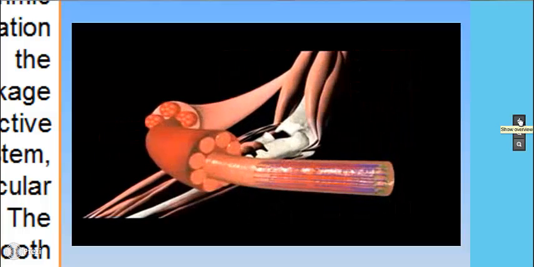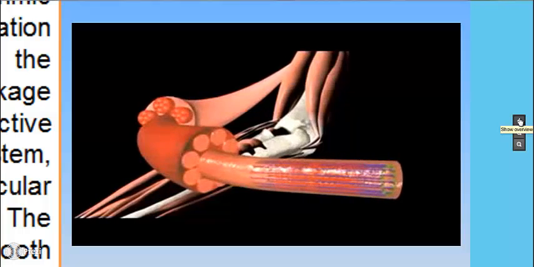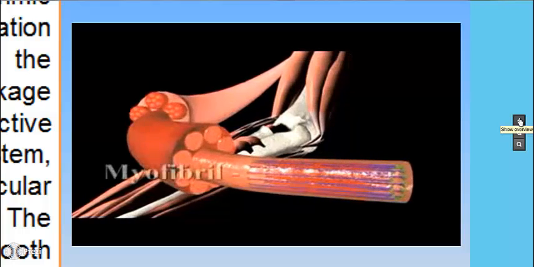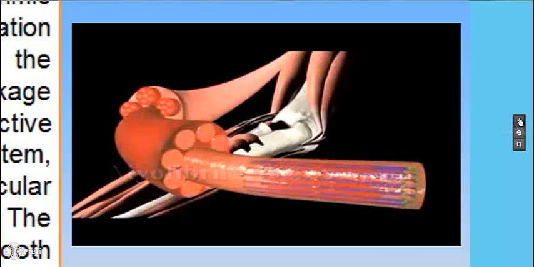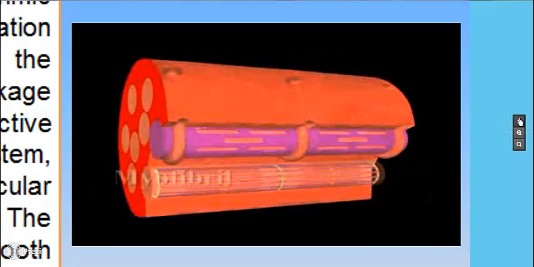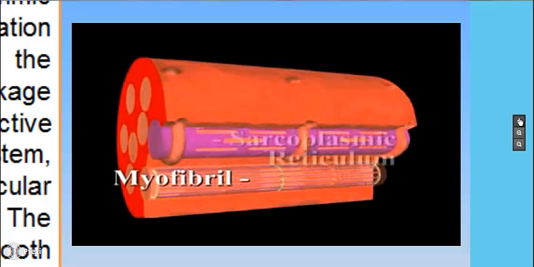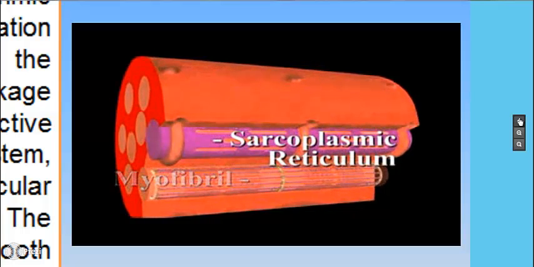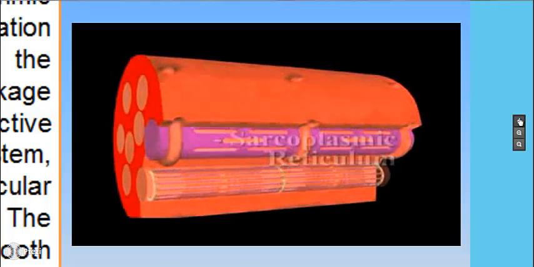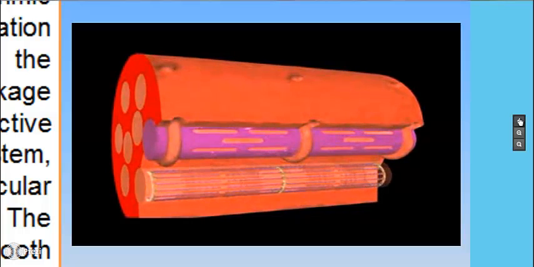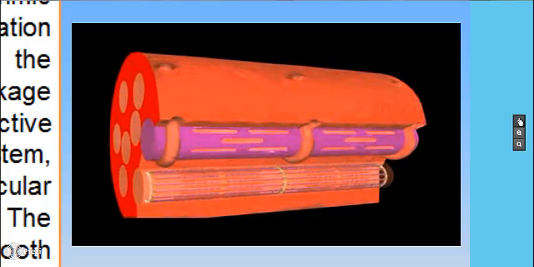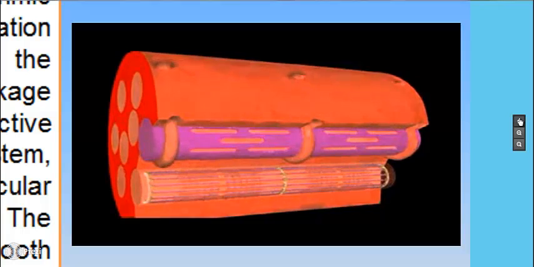Each muscle fiber, in turn, contains many individual contractile subunits, myofibrils, extending from one end of the fiber to the other. Each cylindrical myofibril is surrounded by sarcoplasmic reticulum, a complex of membranes forming a network of interconnected hollow tubes. The sarcoplasmic reticulum contains a fluid rich in calcium ions.